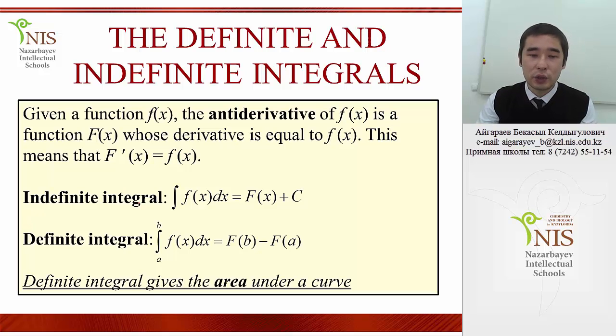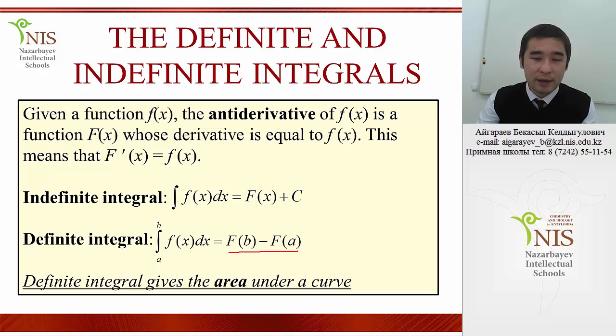So indefinite integral is this expression where we don't have those limits, upper and lower one, and that's the family of antiderivatives, right? For definite integral, we have this expression where we have these upper and lower limits, and it's a subtraction of two antiderivatives, which gives you a number.